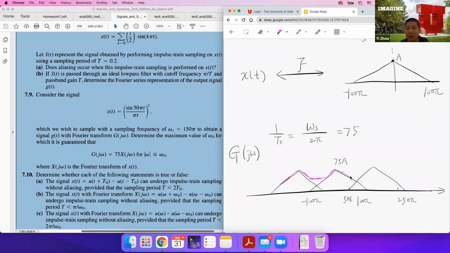And in the overlapping area, the spectrum will be distorted, because we have these triangles overlapping with this triangle.